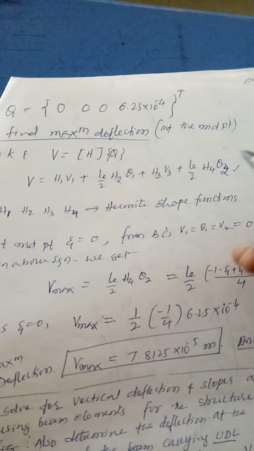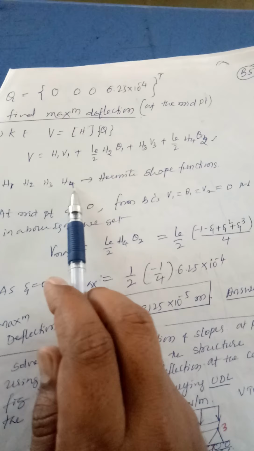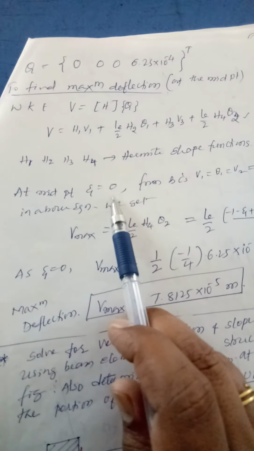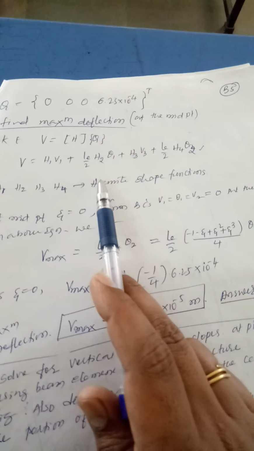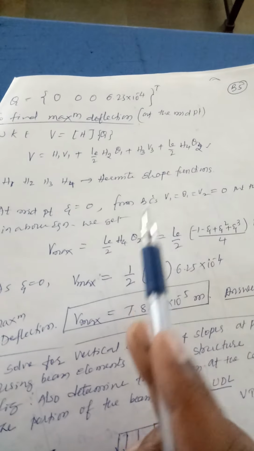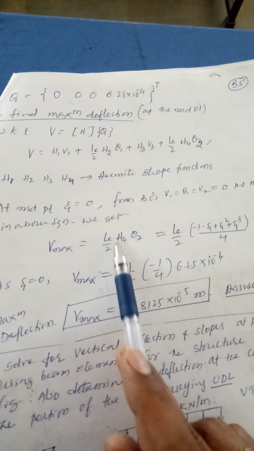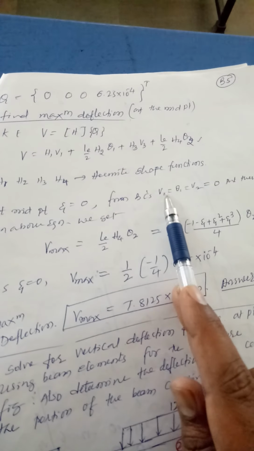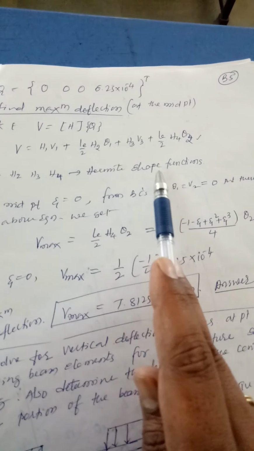This is also already derived and said in the previous video, where H1, H2, H3, H4 are the Hermite shape functions. You know the value of zeta. From the boundary conditions, you know the values of V1, theta 1, V2 are 0. Put them in the above equation. So substituting, we get V max is equal to LE by 2 H4 theta 2. If you substitute V1, this factor becomes 0. Substitute theta 1 as 0, this is 0.